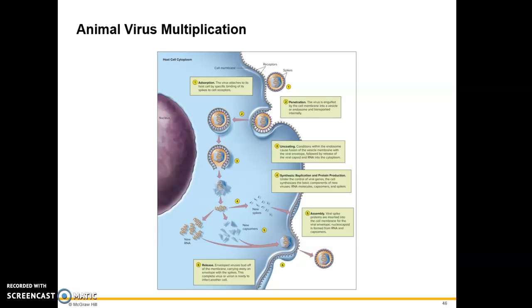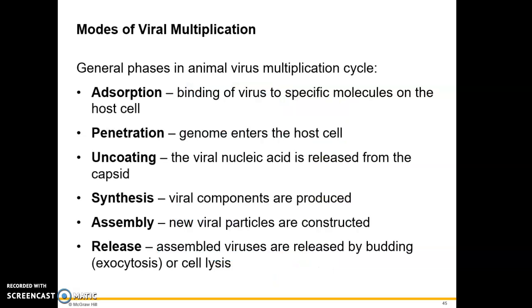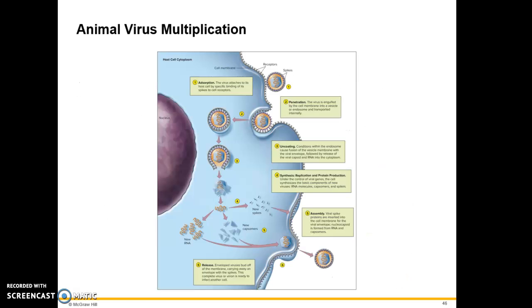And so there is a figure in your book. It's kind of hard to see on here, but it has the different stages or phases of the multiplication cycle numbered with pictures.